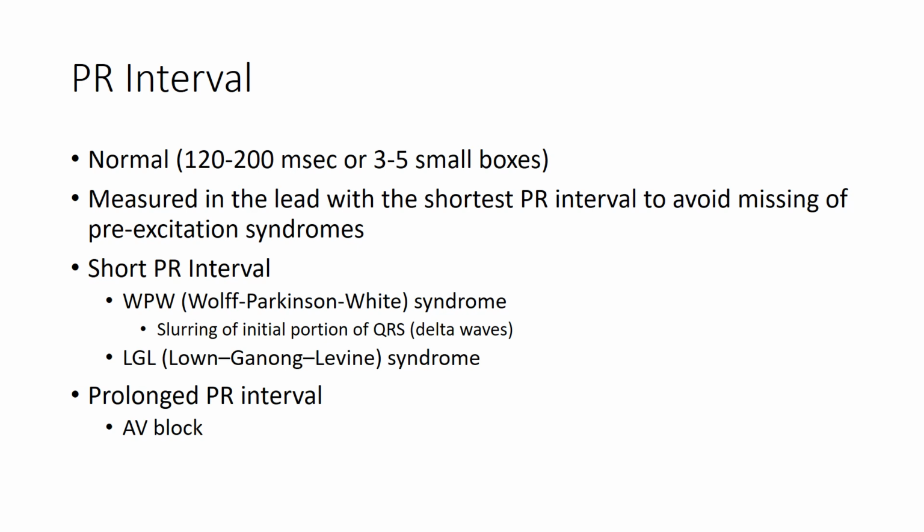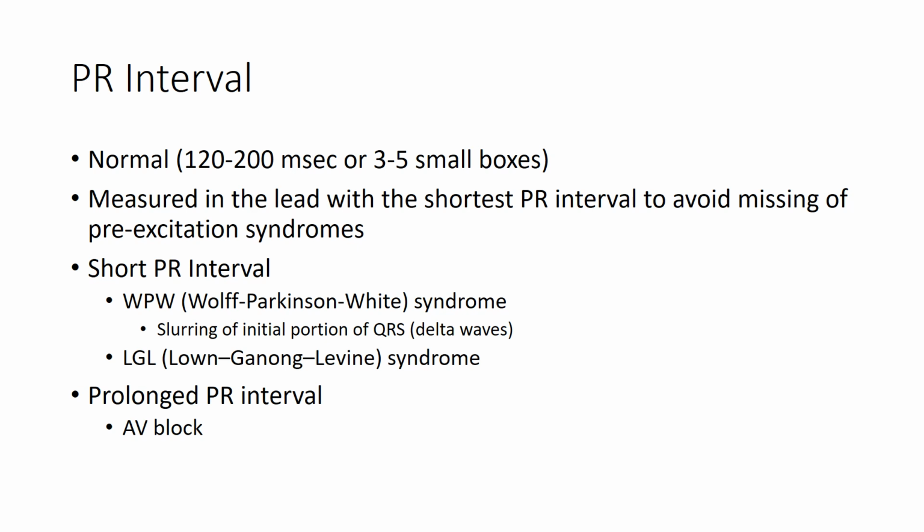Normally, the PR interval spans between 3 to 5 small boxes, which means that it is 120 to 200 milliseconds in duration. PR interval is usually measured in the lead with the shortest PR interval to avoid missing of pre-excitation syndromes, which are important substrates for some arrhythmias.